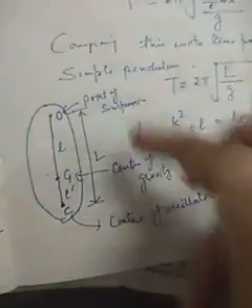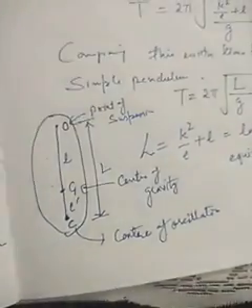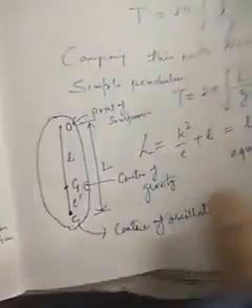Now these two points are interchangeable, right? We will see their interchangeability here. Interchangeable means they can be interchanged with each other, but how?